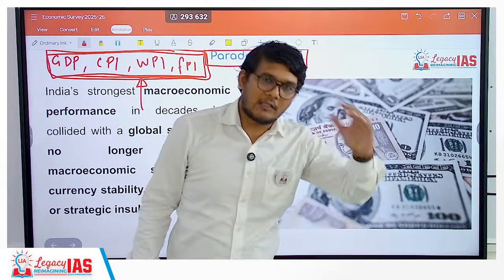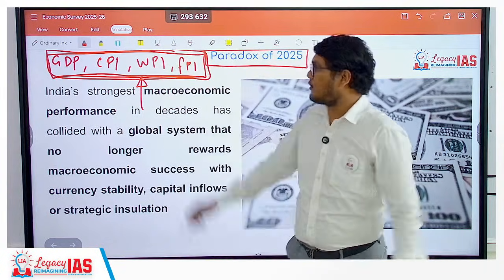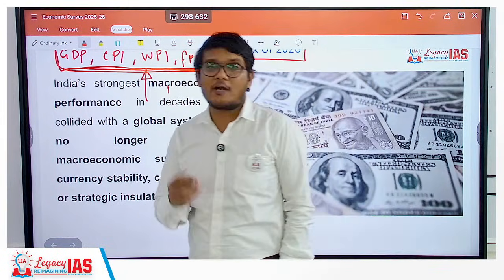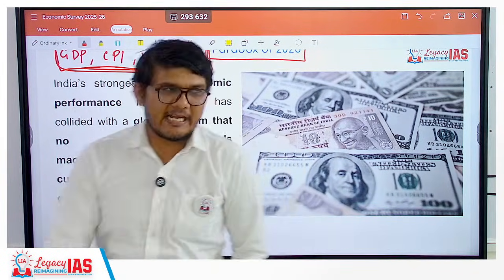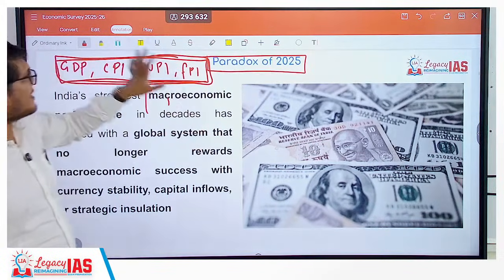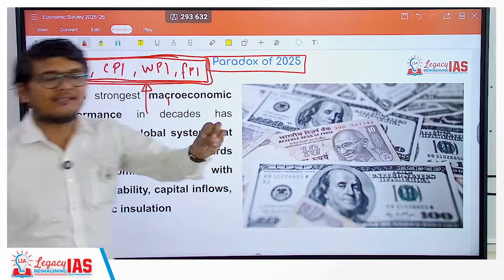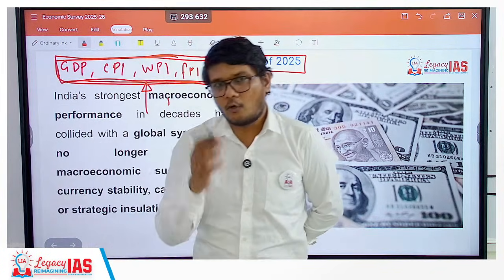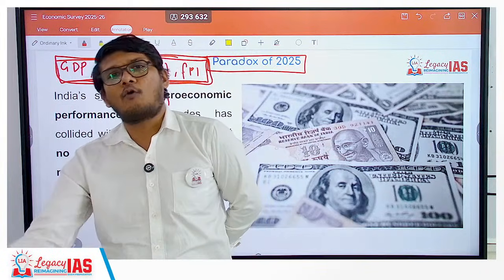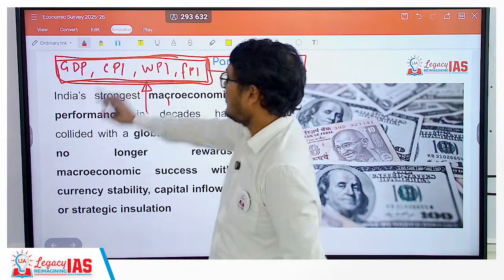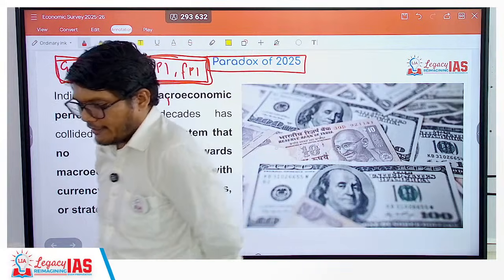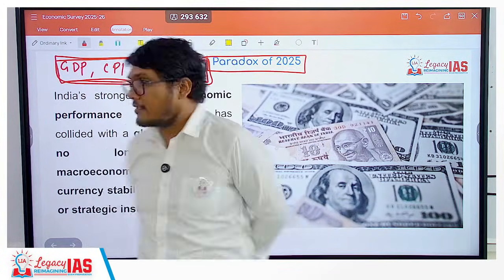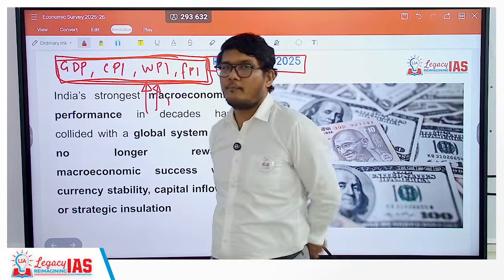Rather, it is rewarding certain other things, as a result of which a paradoxical situation is created for India, which is doing exceptionally well on the traditional parameters which define the robustness of the economy. But when India started to do so well, the world has started to reward things which are not the macroeconomic parameters. So what are the things that are being rewarded? Now the risks, etc., are being rewarded, whereas the basic fundamentals are not being rewarded.